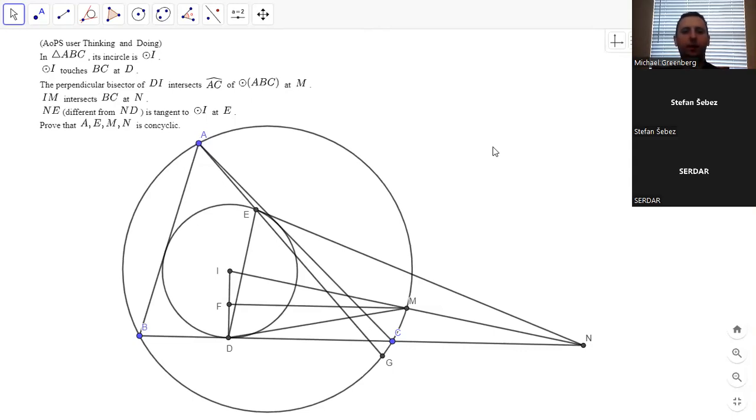I was thinking about using the power ratio lemma because we have one circle that passes through A and M, right? We could find another circle, then maybe we could use the power ratio lemma.